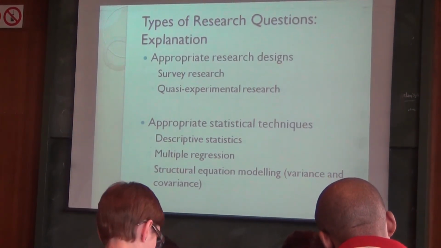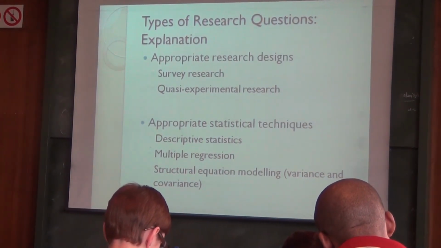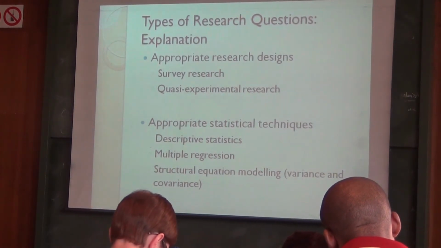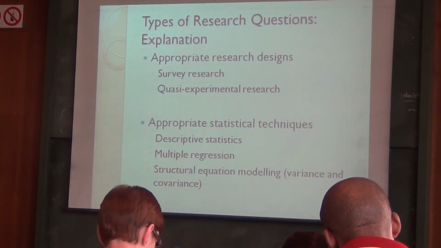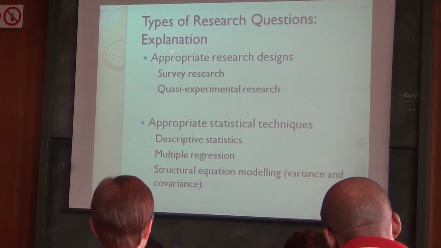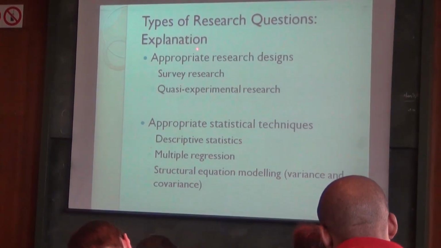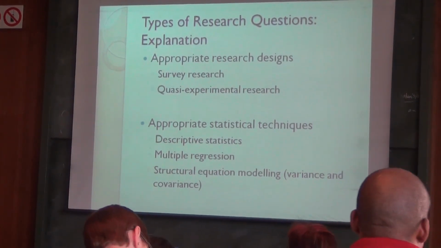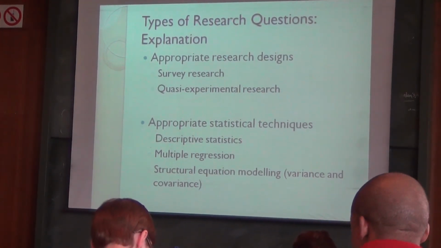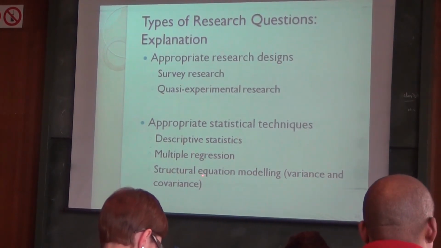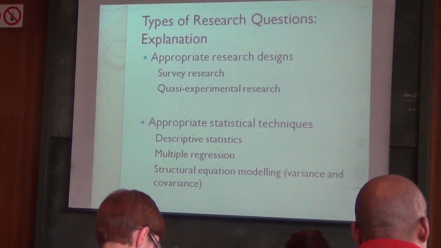Now you can use something called multiple regression analysis. Now this is your question that you asked earlier, to say, well, okay, are these predictors possible, or do they provide a possible explanation for the outcome that I'm observing? So we use multiple regression, or you can use structural equation modeling as well.